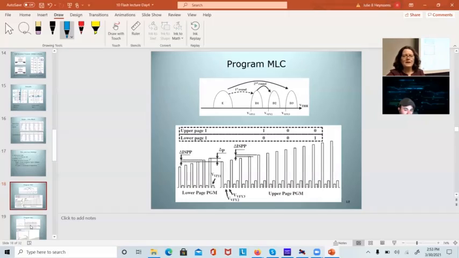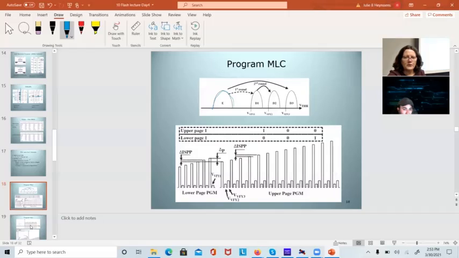Okay, so this is an MLC. In fact, this is 2 bits per cell. This is one way they found of implementing it, and you could play around with this and test different possibilities. But this is what they found worked for this particular technology. First of all, I start out with the erased cell, so I erase everything in the block.